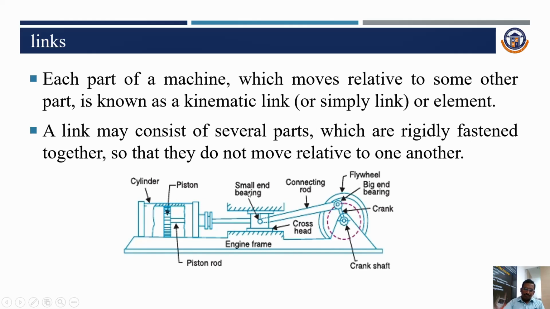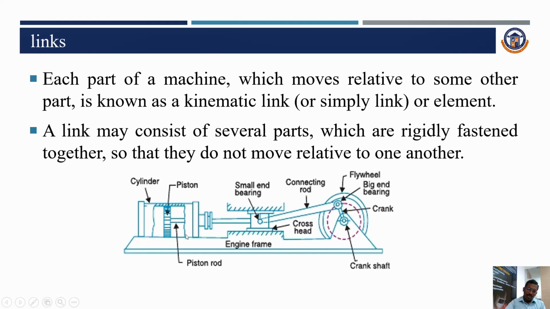It is a small end bearing. It is a cross head. It is a piston, a double ended piston. That means 1 and 2, connected to another piston, that means another cylinder. If the link rotates in clockwise or anti-clockwise direction, that's no problem. The piston moves forward and backward.